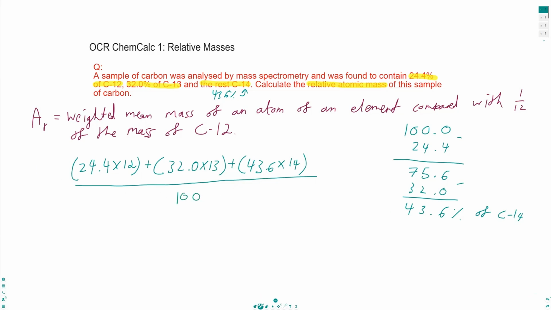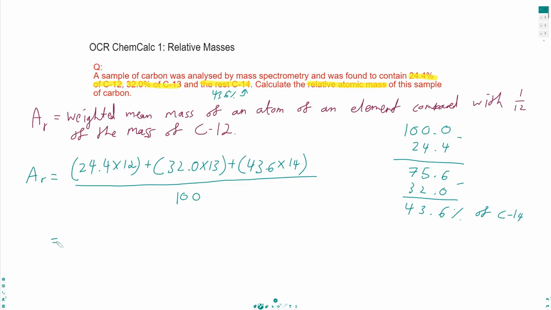So the Ar equals 24.4 times 12 plus 32.0 times 13 plus 43.6 times 14, all over 100. You can type this all into a calculator.